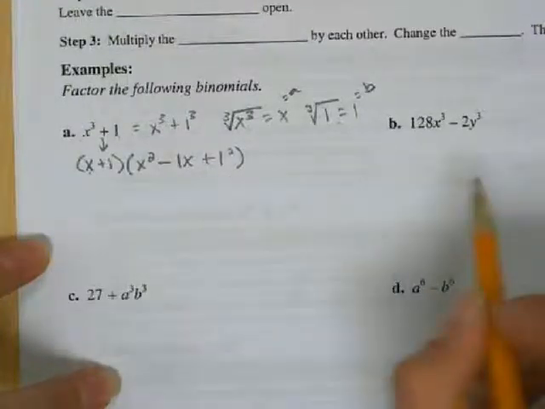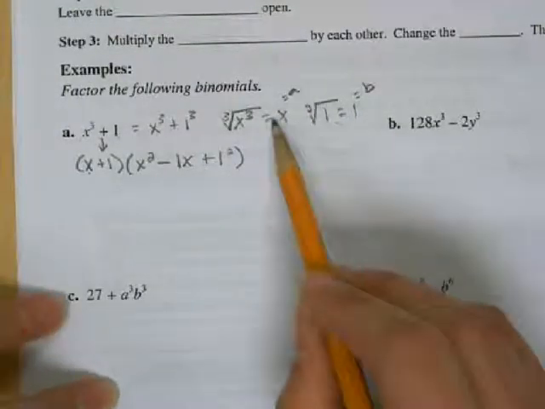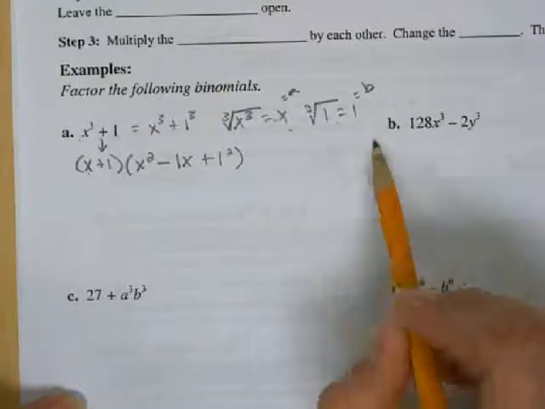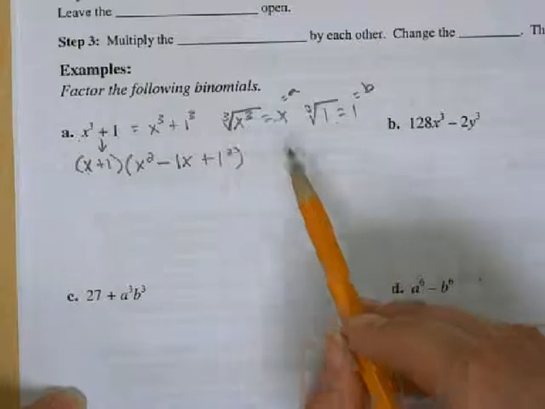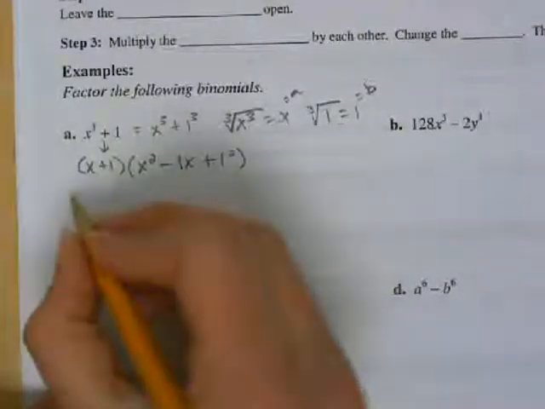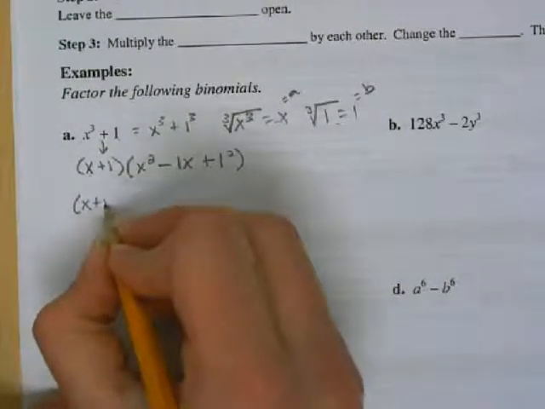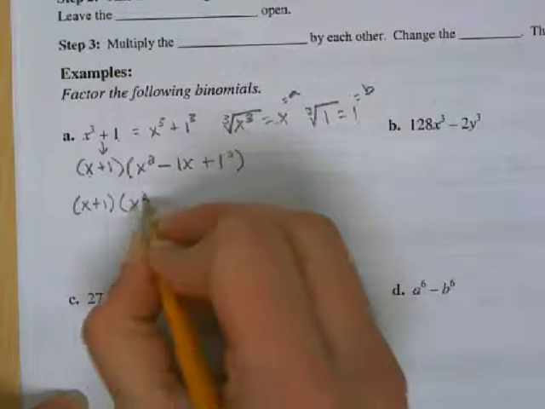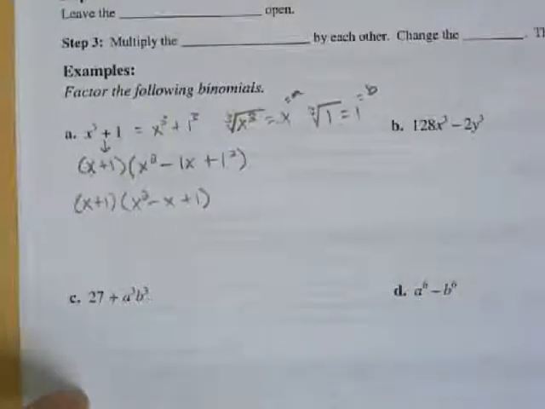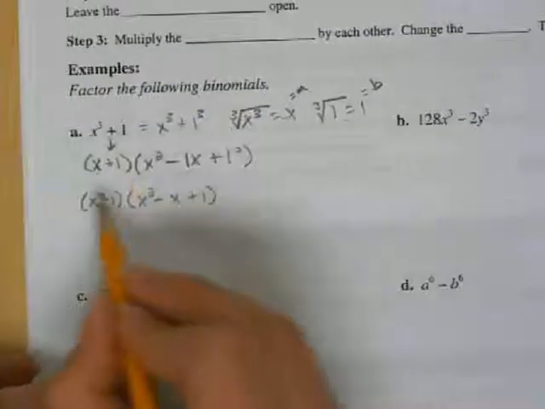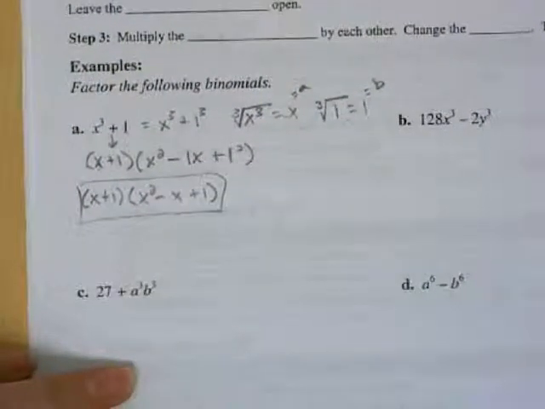We're talking about these two terms here, x and 1. So it would be x plus 1 times x squared minus x plus 1. Don't really need the squares there. That would be your final answer. You don't have to worry about doing anything else.